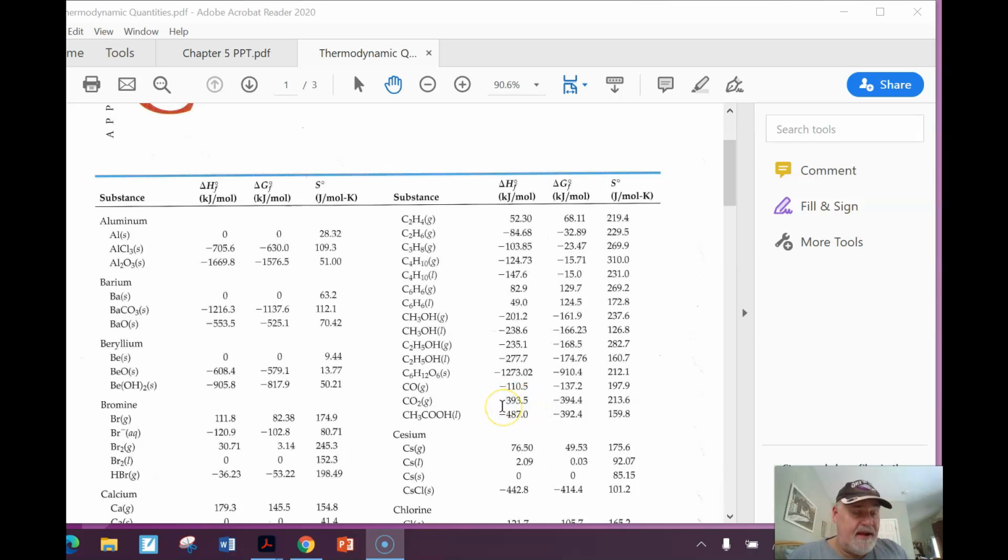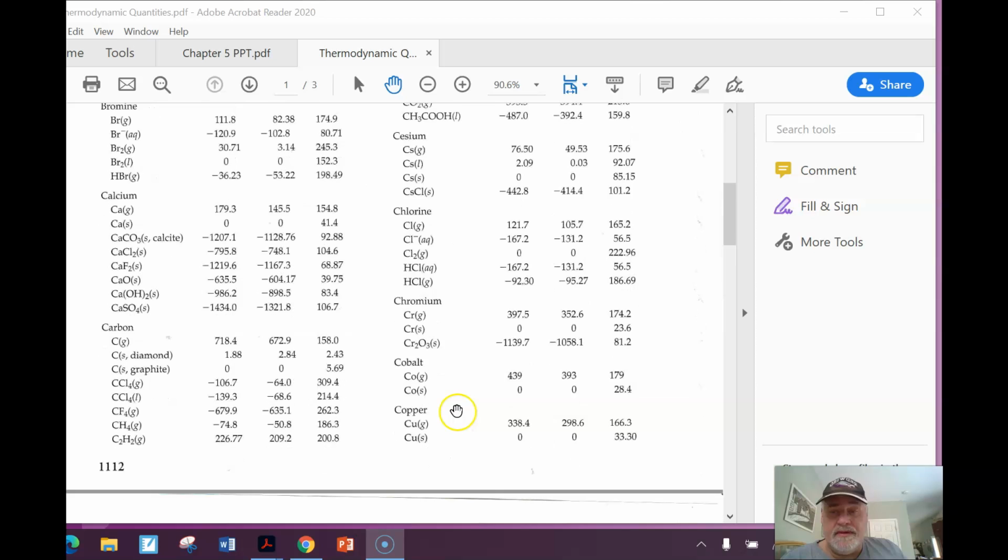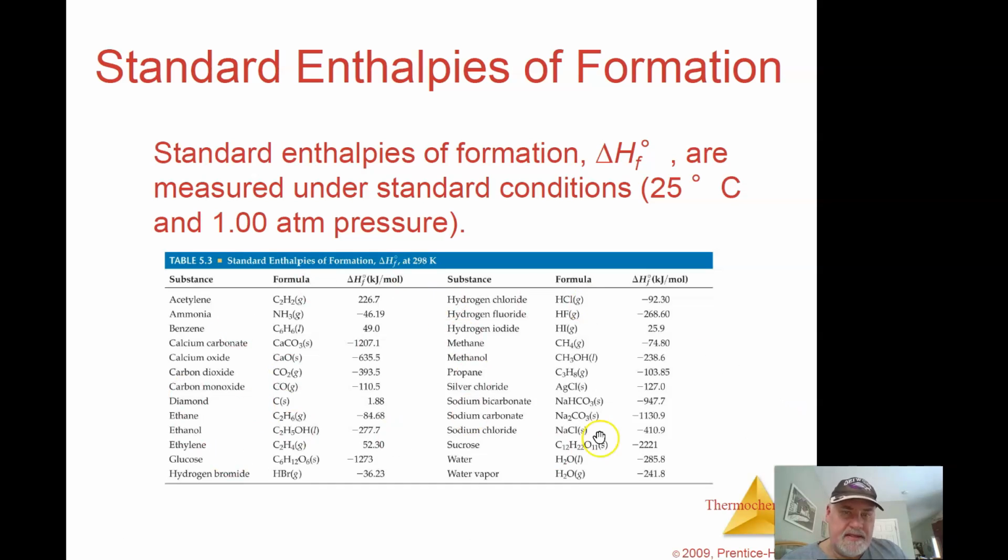Now, this will be provided for you on the test, but when you're doing your worksheet, go back to page 1112. Okay, let's go back to the PowerPoint. Finish that up. Okay, so here's that same stuff that was in the back of your book, just a smaller version of that table, and it doesn't have the pure elements in there like it did.